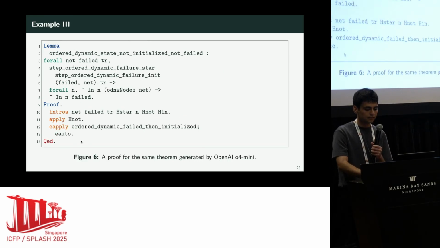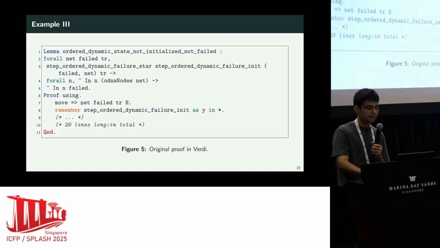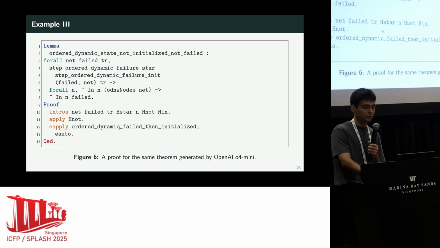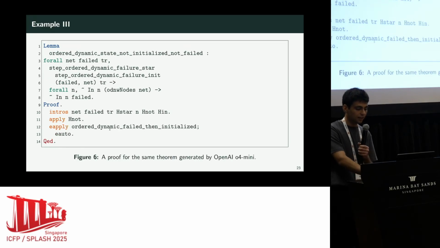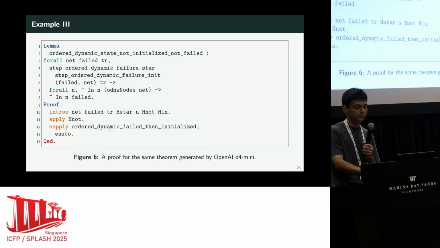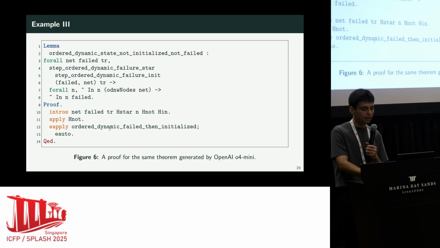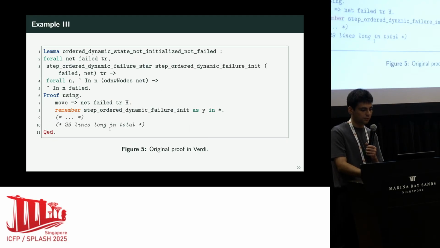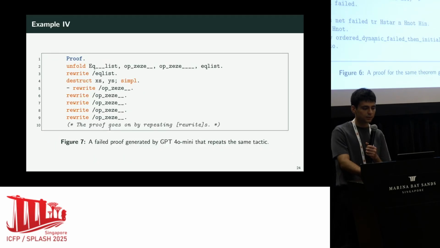But the LLM, in this case o4-mini, realized that this existing lemma is a contrapositive of another theorem that already existed in the code base. It was able to figure that out because we included all of the previous lines in this case, and using the contrapositive is quite good.